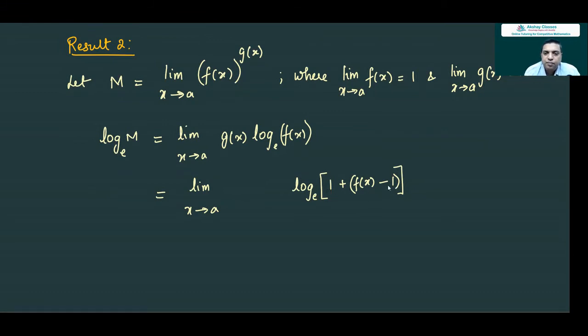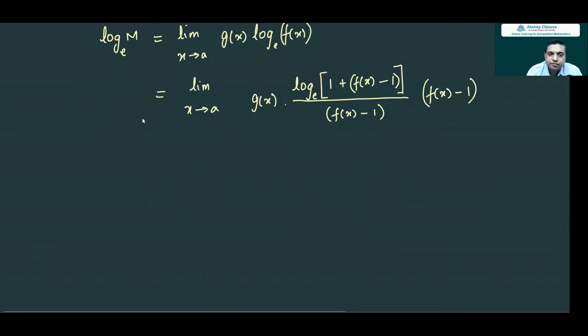So log of 1 plus f of x minus 1, I will divide by the 0 part, f of x minus 1. Here we have g of x, and I'm multiplying and dividing by f of x minus 1.